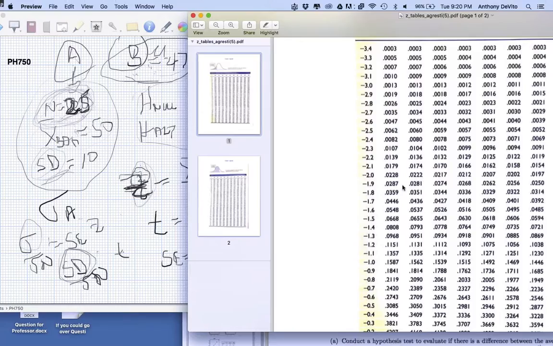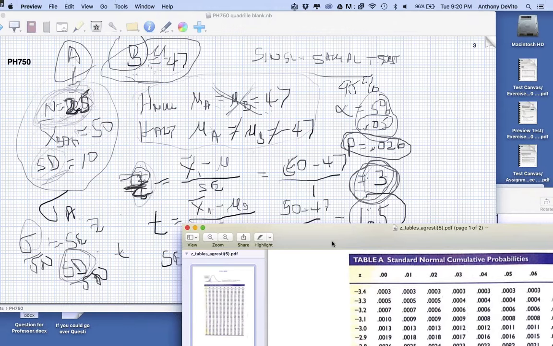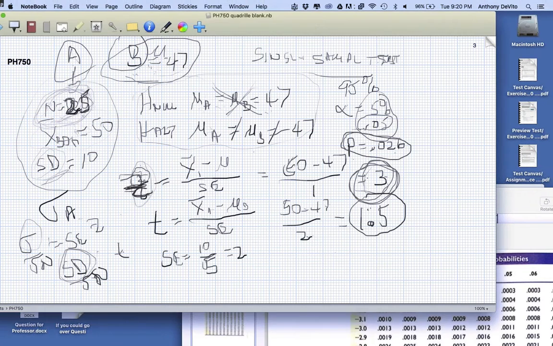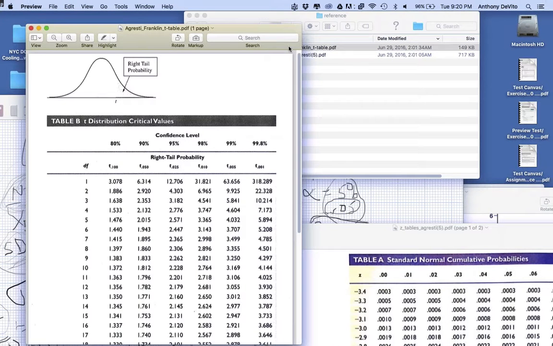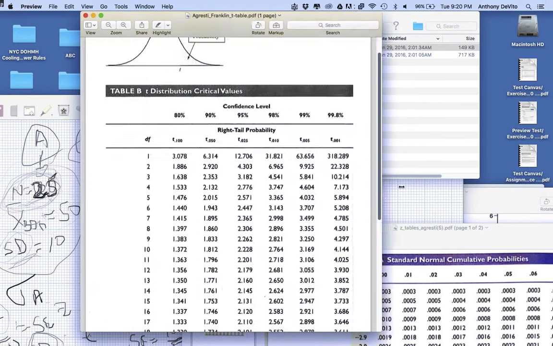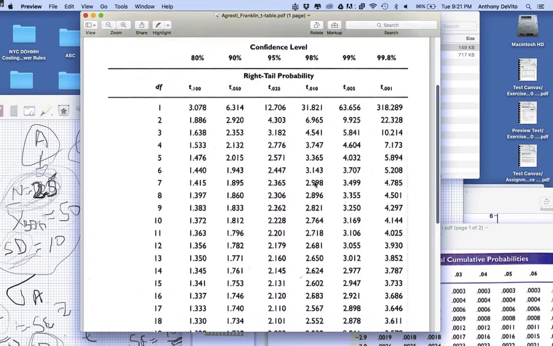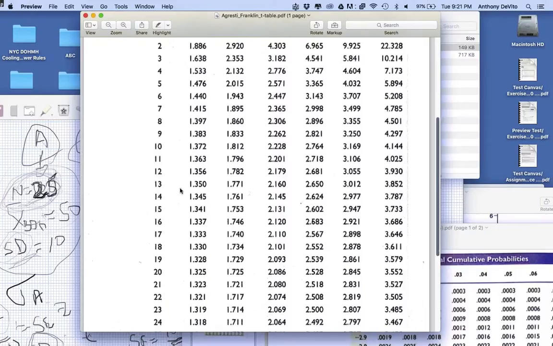But not only that, I would need a different t-table for every sample size if I wanted that. So instead of being able to pull out an exact probability or p-score, I can go to a t-table, which tells me what value of t I need for different sample sizes to be able to reject the null hypothesis. Well, in this case, we have a sample size of 25, which is the same thing as saying 24 degrees of freedom.